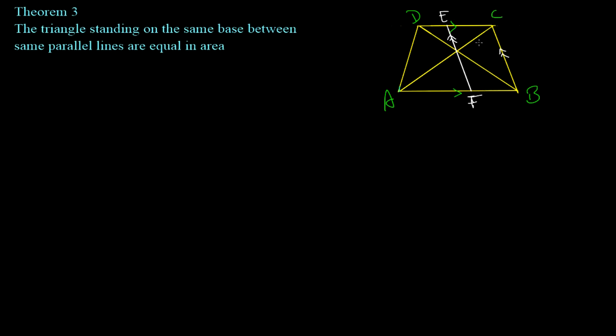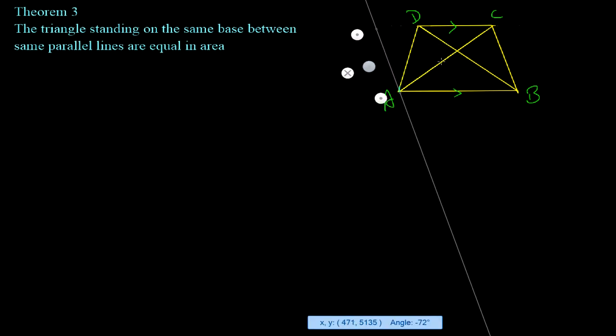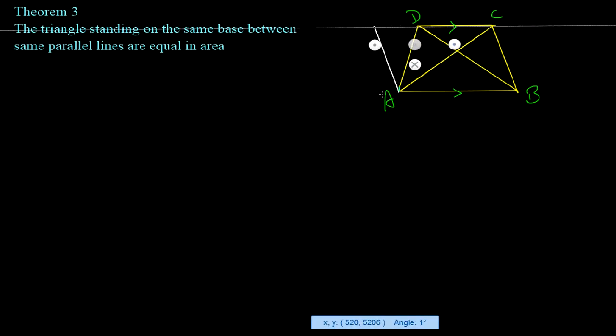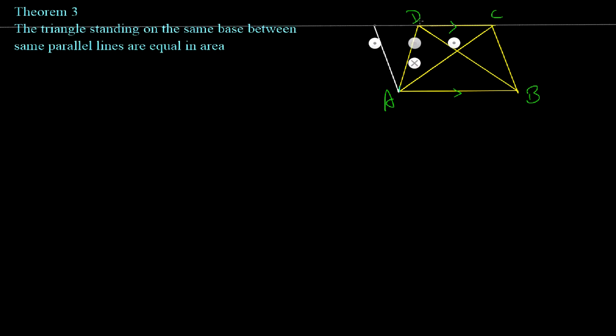So we have a parallelogram and we have triangles. But here you may have noticed that we cannot use theorem 4 because they are not standing on the same base between the same parallel lines. So let me erase this and draw the correct construction. It should be here, because they need to be standing on the same base and between the same parallel lines.